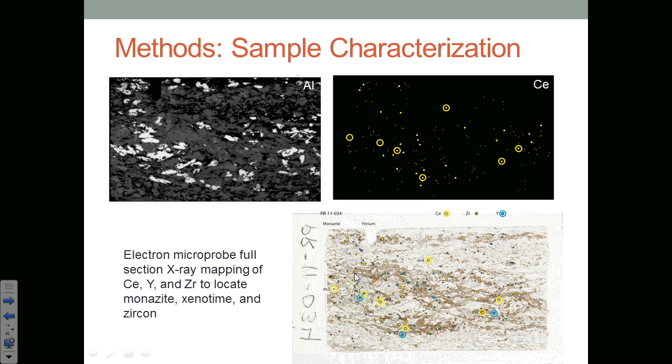So we take a standard petrographic thin section and go to either the SEM or the electron microprobe, and we obtain chemical X-ray maps of the different elements in that thin section. This shows the overall rock mineralogy with an aluminum map. Then, to identify monazite, we collect a cerium map, and for xenotime, a yttrium map, and for zircon, a zirconium map.